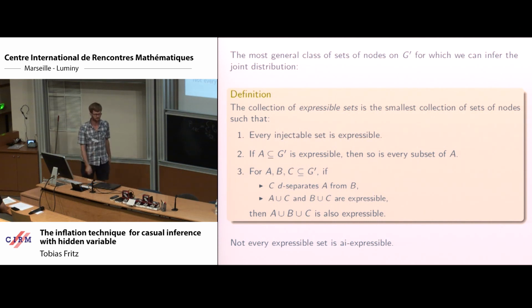So a set is expressible if you can basically generate it by some number of applications of these rules. It turns out that a second condition is actually necessary. It's not redundant. When I was thinking about it for a while, I thought this is probably not necessary.